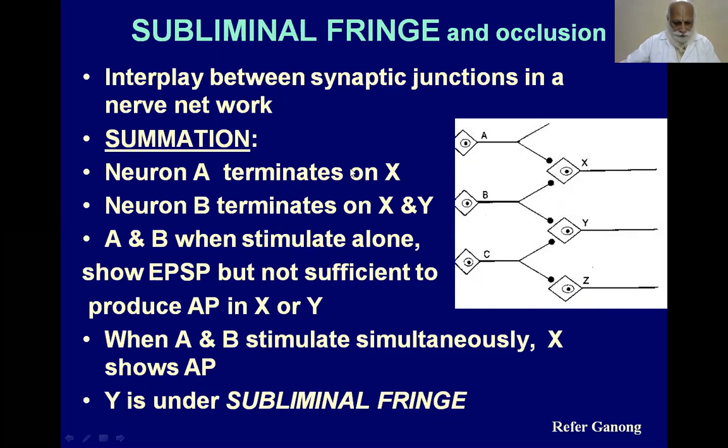Okay, subliminal fringe. We'll say A, B, C neurons, presynaptic neurons, are supplying X, Y, Z postsynaptic neurons.